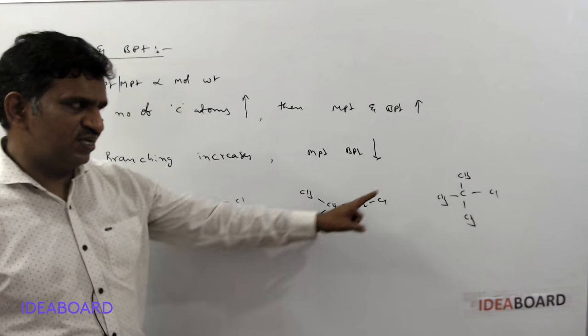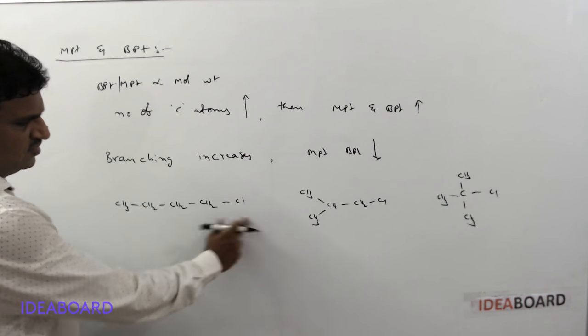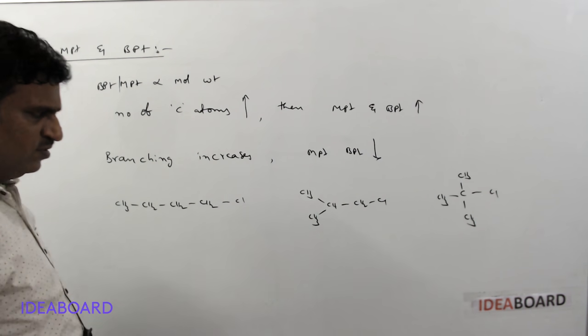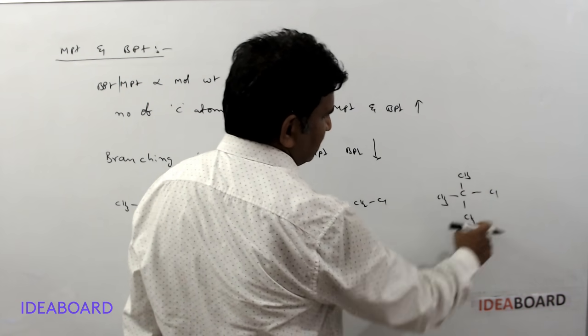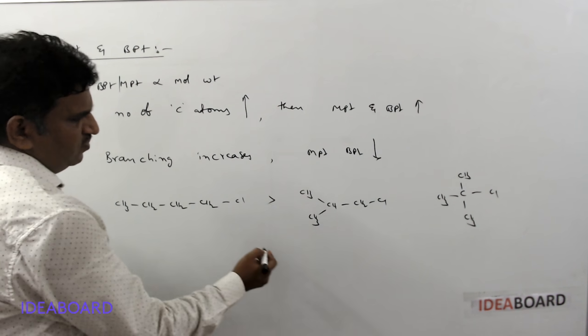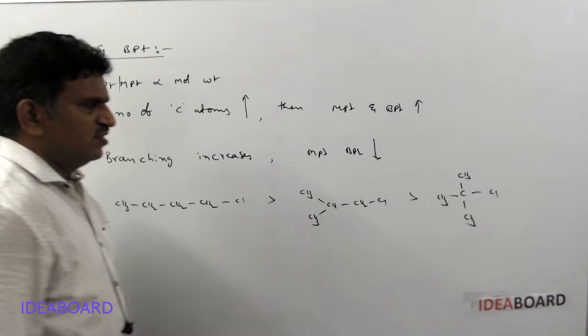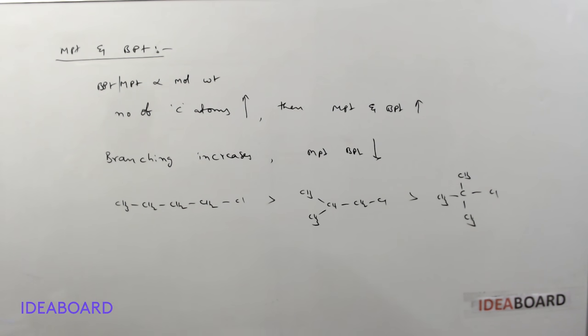N-butyl chloride is a straight chain molecule. Isobutyl chloride has a little branch. Tertiary butyl chloride has more branching. So whenever the number of branches increases, the melting points and boiling points decrease.